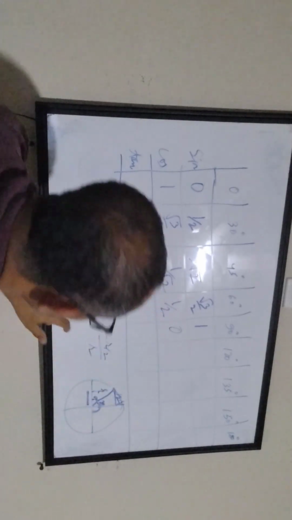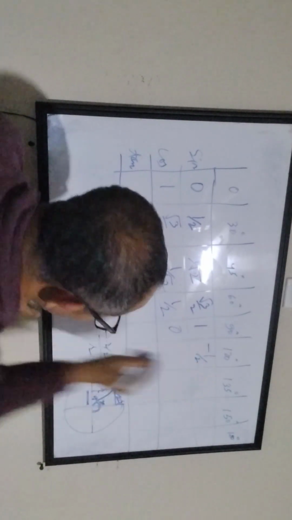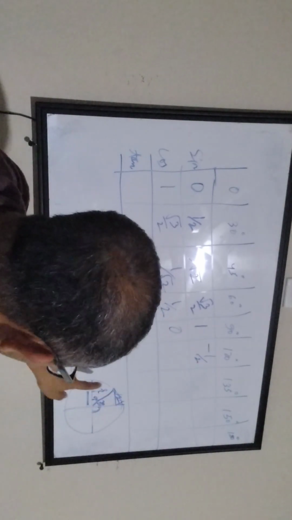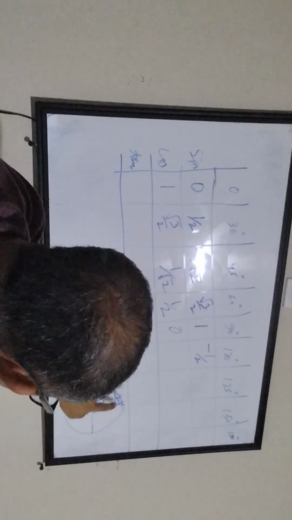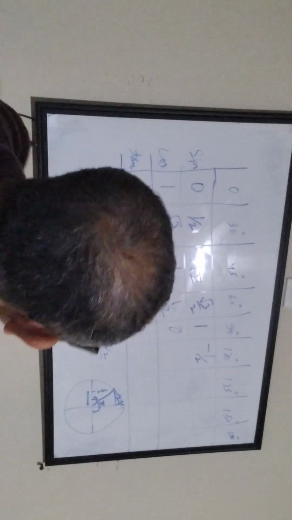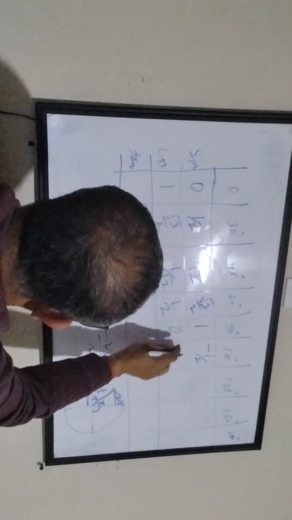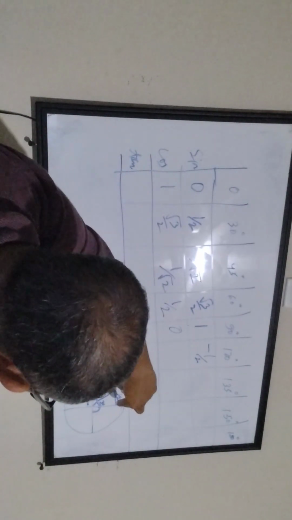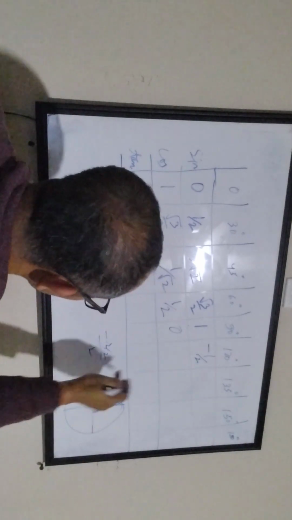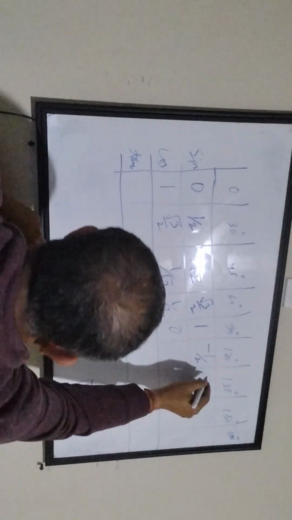So this becomes minus 1 by 2. So basically, when you go to the second quadrant, the sign of that value would be negative of what you are seeing here. This part is radius by 2, so sin 30 is 1 by 2, this is minus 1 by 2, and then the same thing repeats.